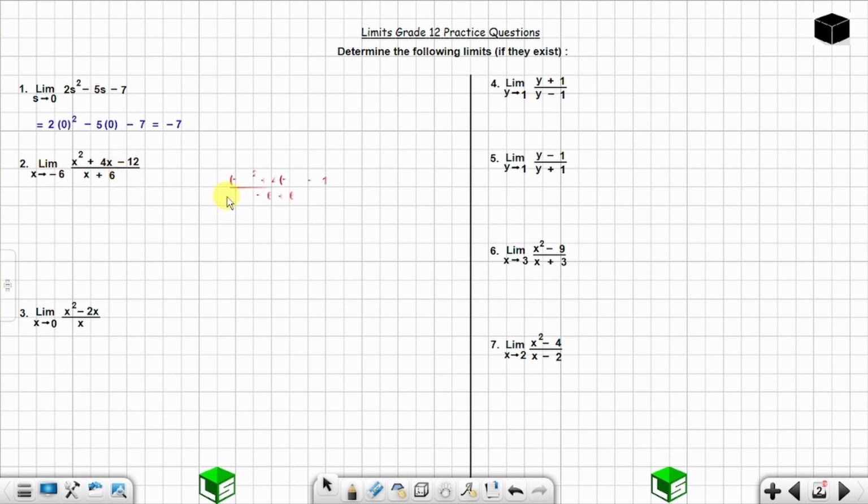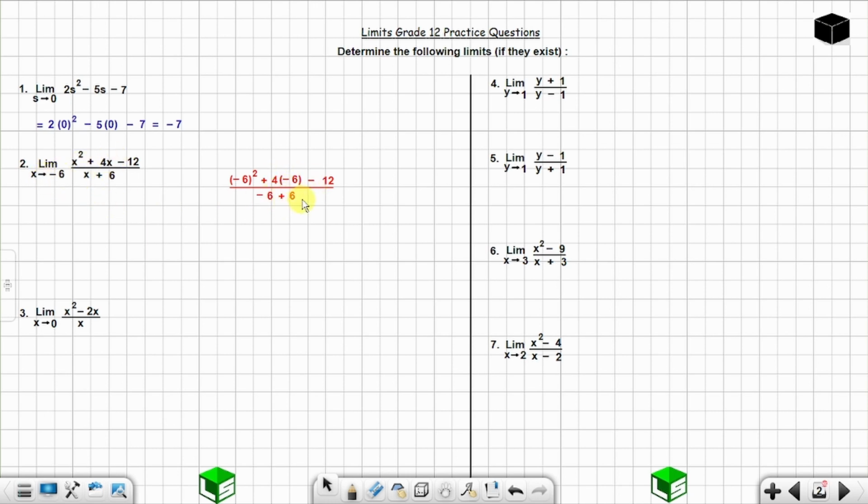So this is what you are going to get: negative 6 squared plus 4 times negative 6 minus 12, over negative 6 plus 6. Wherever you have x, you plug negative 6.